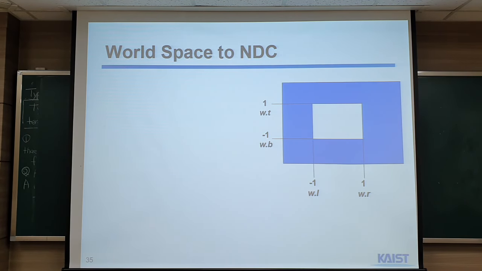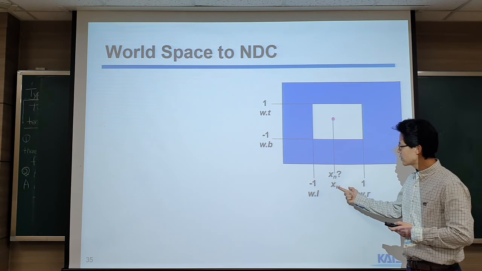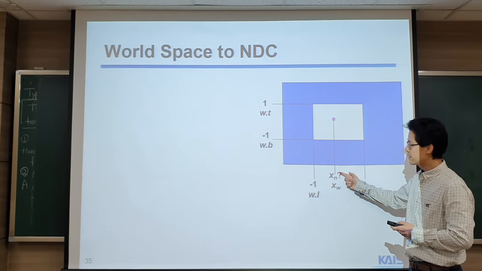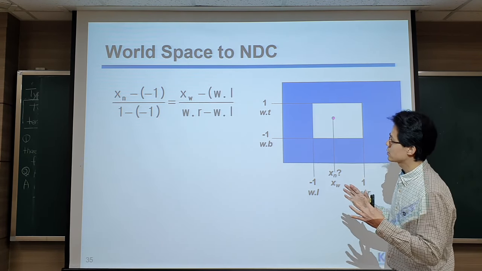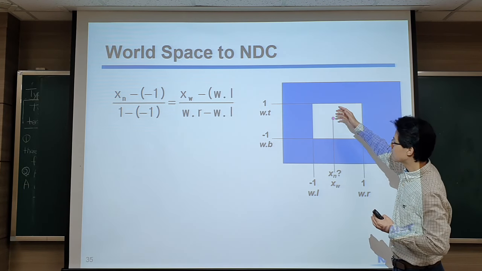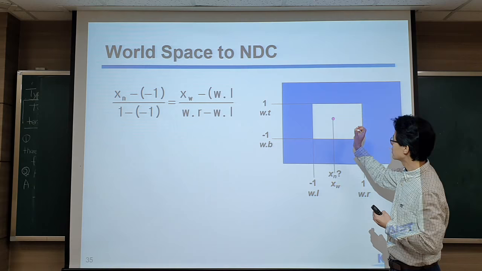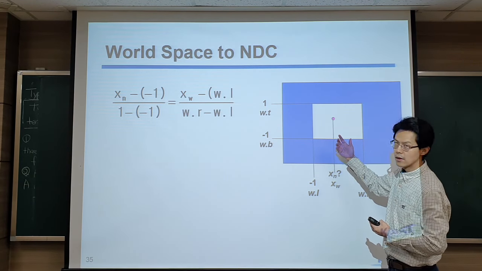Okay, so now, given this world coordinate, what is the corresponding NDC coordinate x n? We can maintain the same ratio. I mean, for this point within the world space or the NDC space, the ratio between the world and screen space should be the same thing, right?